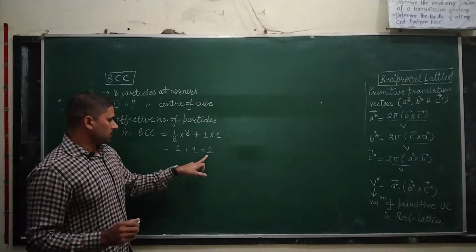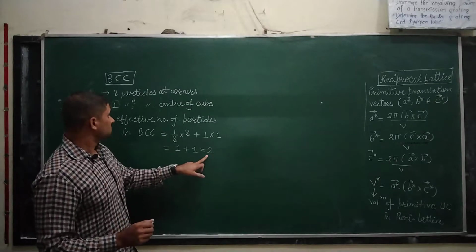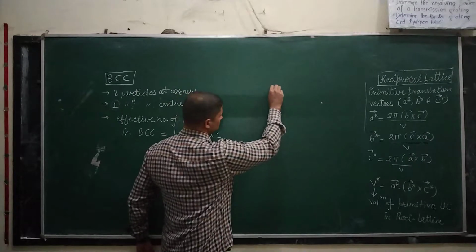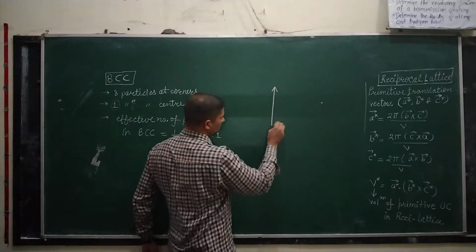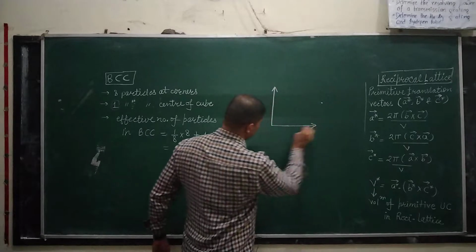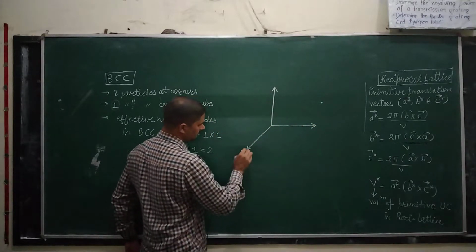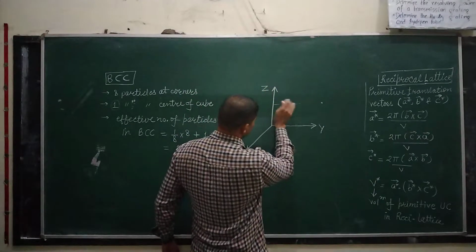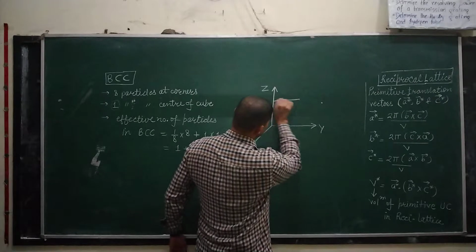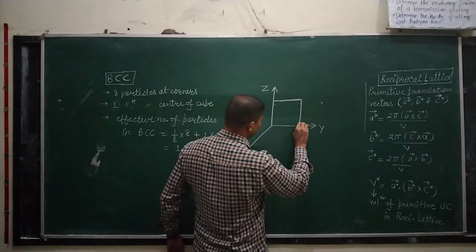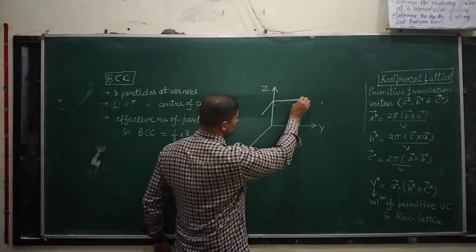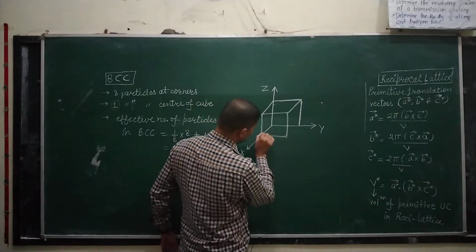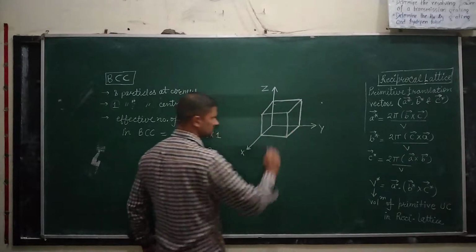Mean to say, if I use a unit cell, this is x-axis, y-axis, z-axis, and here this is cubic in shape and let us take the size of the cube to be A, then it will look like this.